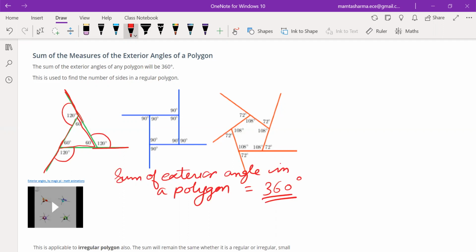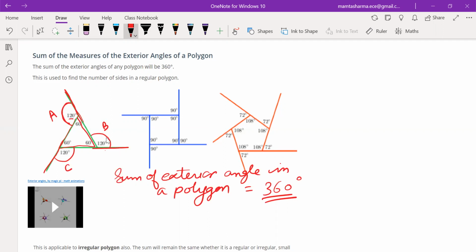First we are taking a triangle. If its interior angle is 60, then this exterior angle A will be 180 minus 60, that is 120. Similarly, this exterior angle B will be 120, and this exterior angle C will be 120.